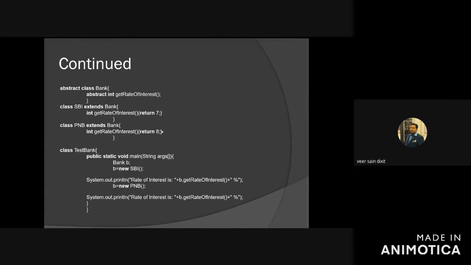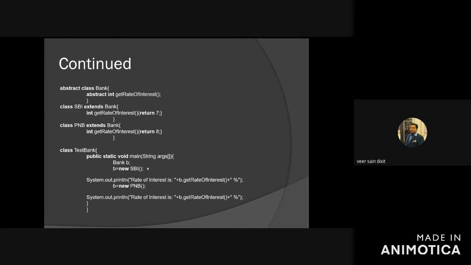It will return the value 7, because you have stored the reference of SBI into b. Again you are creating b = new PNB. So here the rate of interest is 7 in the first statement, and in the second statement the rate of interest will be 8.